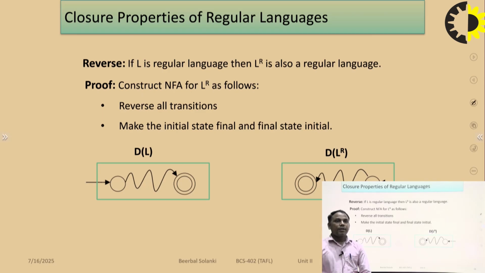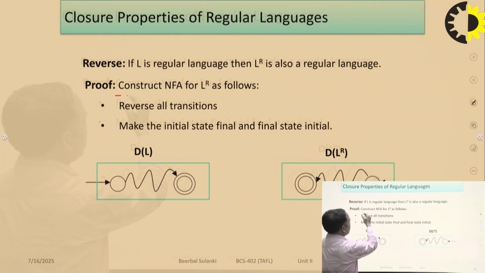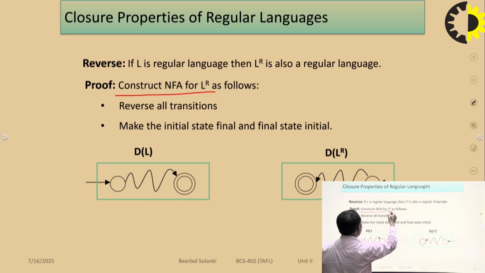Now the next property is the reverse. If L is a regular language, then L to the power R, that is the reverse of L, is also a regular language. The proof can be written here. Construct an NFA for L reverse as follows.